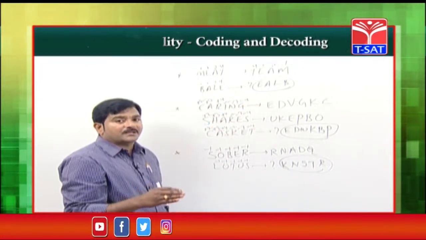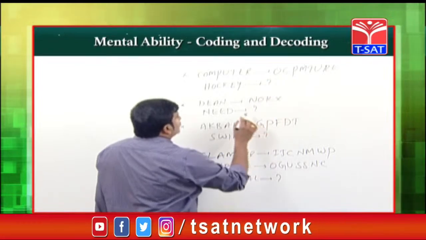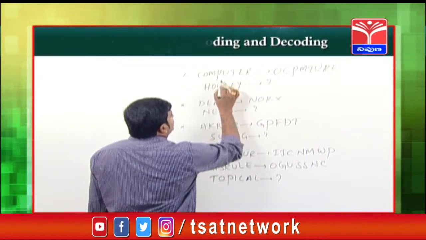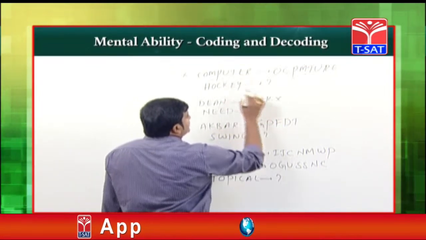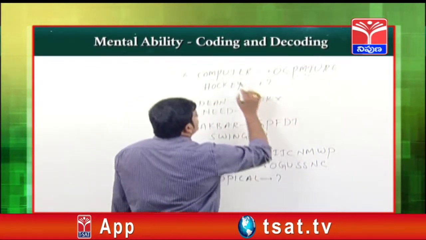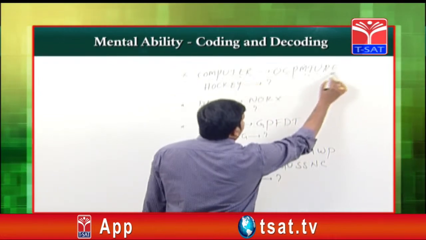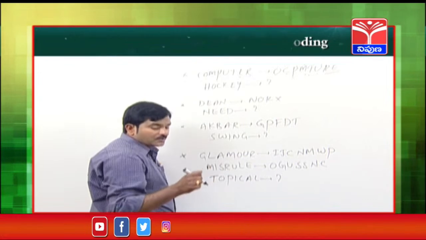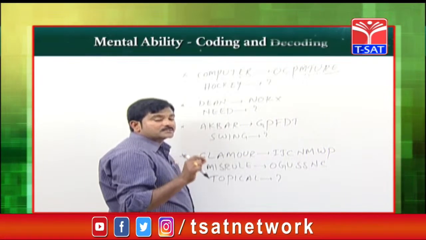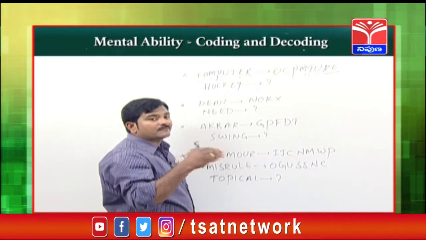Now the first question, if you observe, is simply a jumbling model. The same letters: CO is written as OC, MP is written as PM, UT is written as TU, and finally ER can be written as RE. In the word computer, every two letters are written in reverse order.